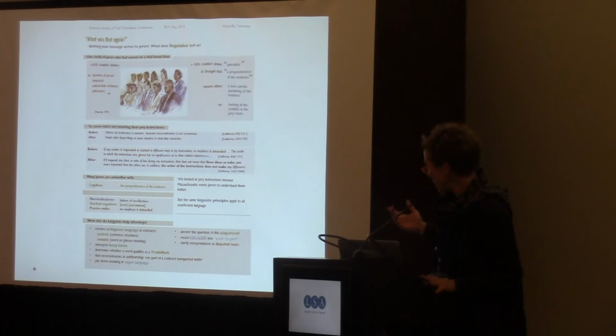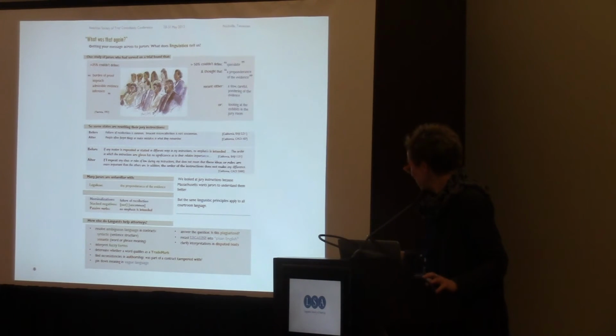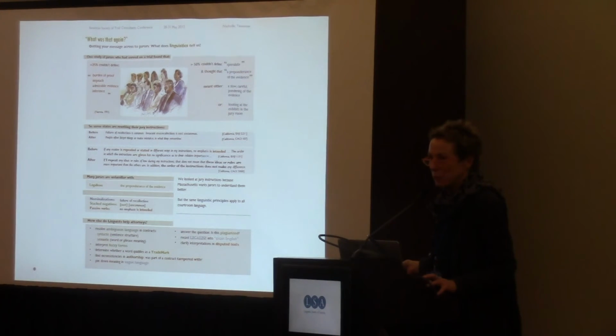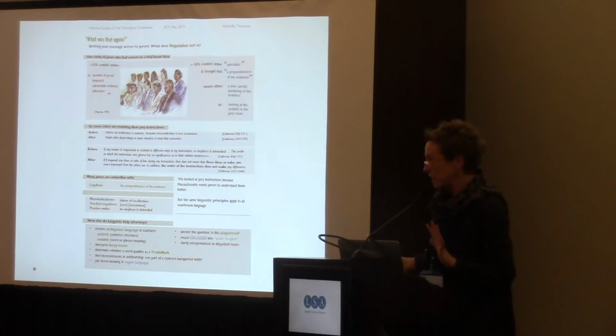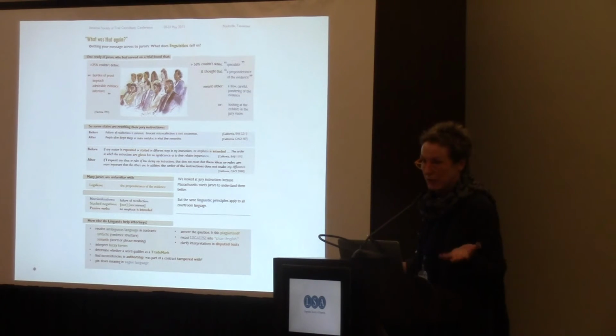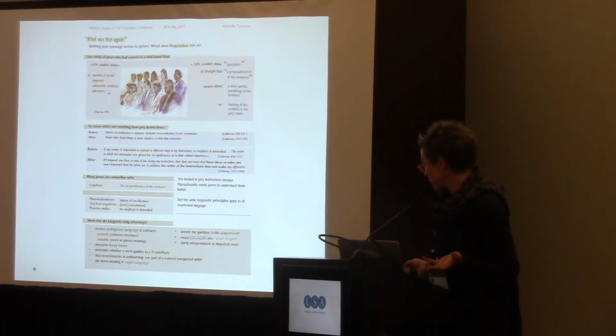And then we also went down here, I'm going to use this again, and we said, look, how else can linguists help attorneys? What is it that we can do for you? And we pointed out, in addition to the stuff with these jurors, there are times when there's ambiguous language in a contract. Linguists know about ambiguity. Linguists know about fuzzy terms.